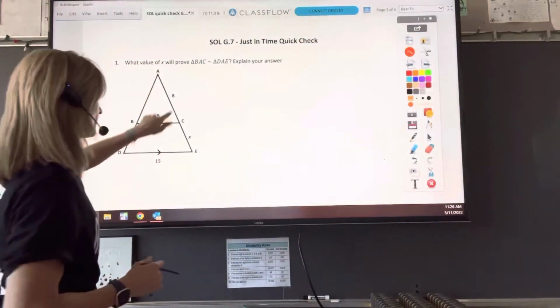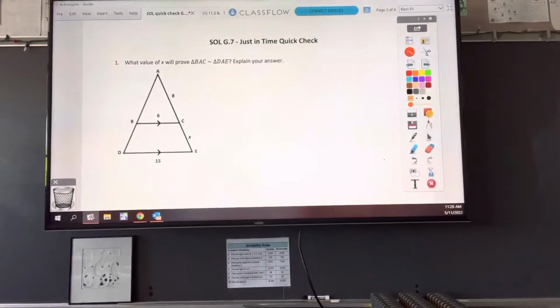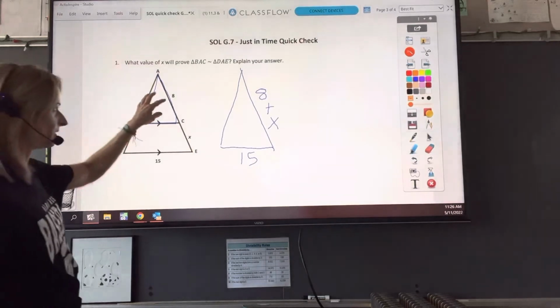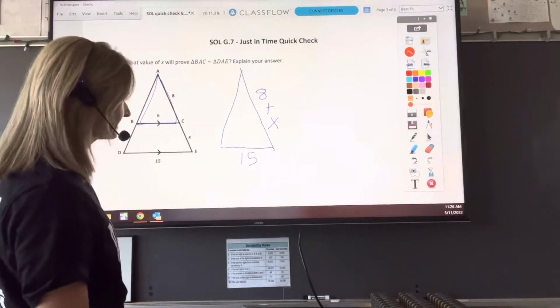So I've got 2 triangles here, and if I just redraw the bigger triangle right here, you can see that this length is 8 plus x, and this length is 15. And here's the small triangle, right there. What value of x will prove the 2 triangles, the small triangle and the big triangle, similar?